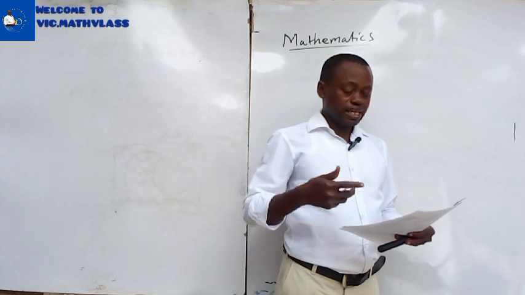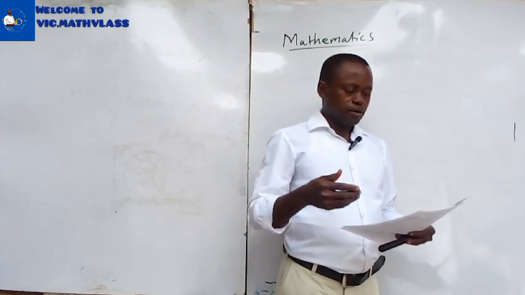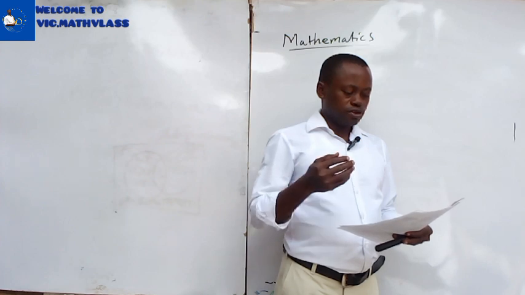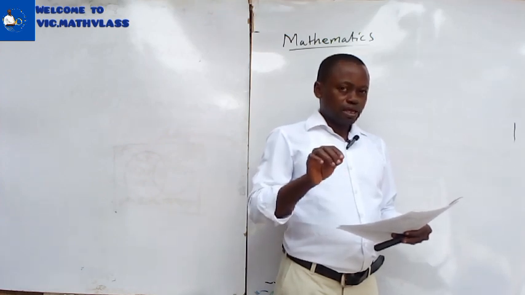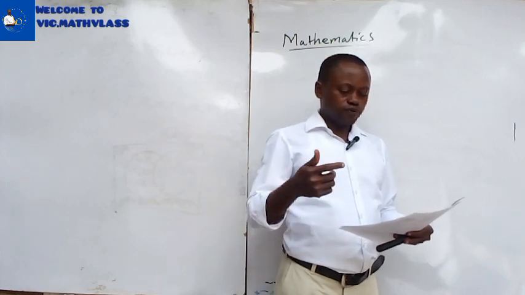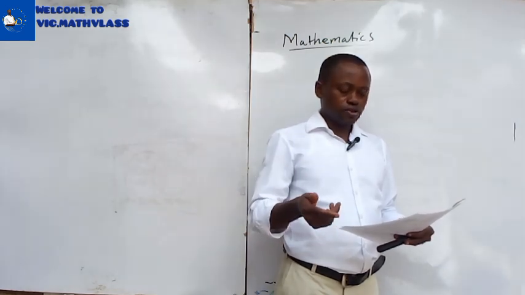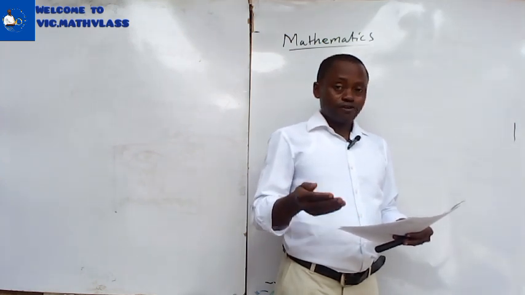I may say, let Adu's age be X or Y. Then the next thing I will do is say Tanko's age will be Adu's age plus 4, because they say Tanko is 4 years older than Adu. So whatever variable I have chosen to describe Adu's age, I will now add 4 to it.